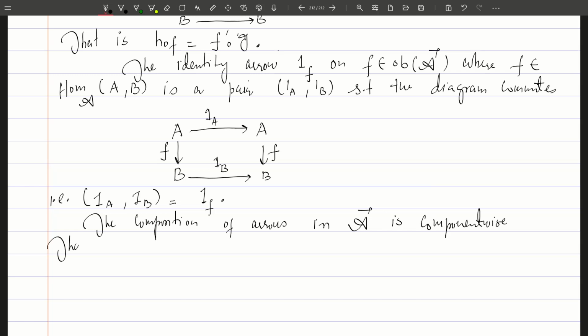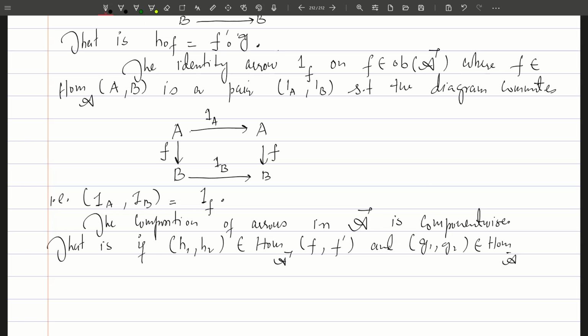If we have a morphism (h1, h2), an arrow in the arrow category from object f to f prime, and we have an arrow (g1, g2) in the arrow category from object f prime to f double prime.